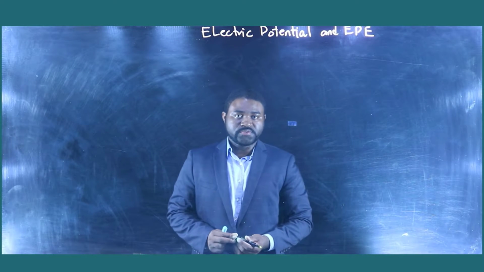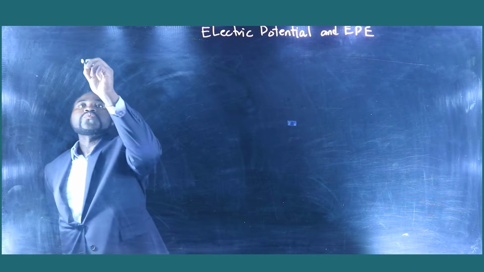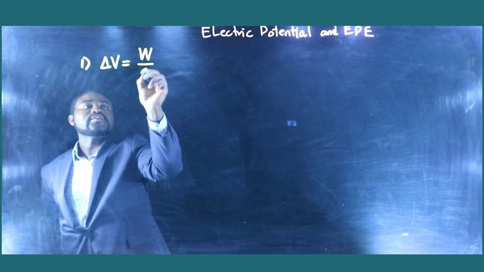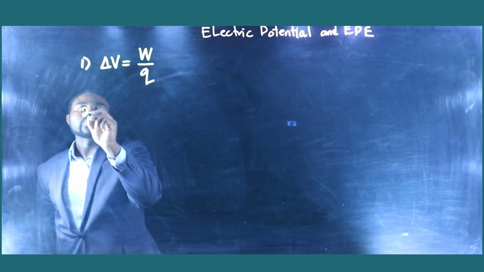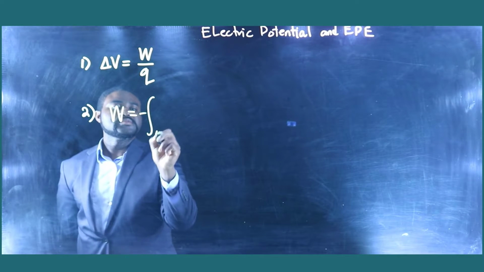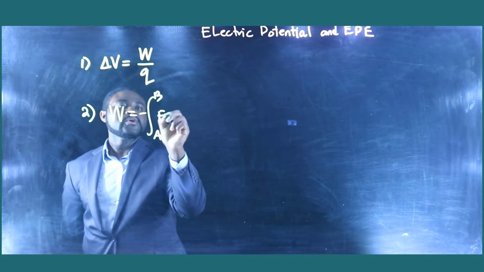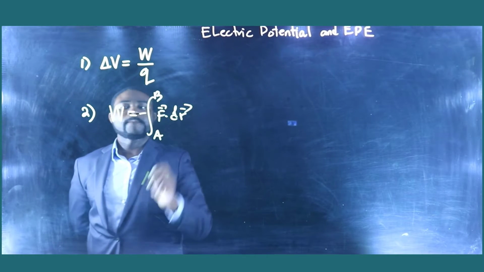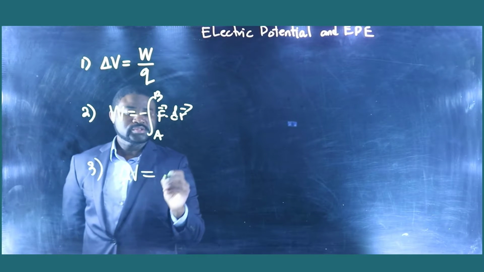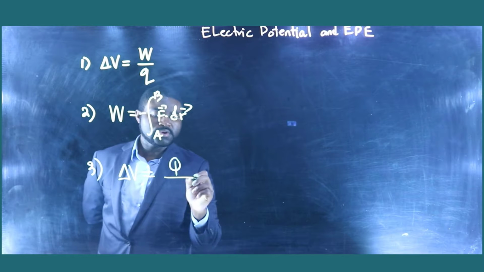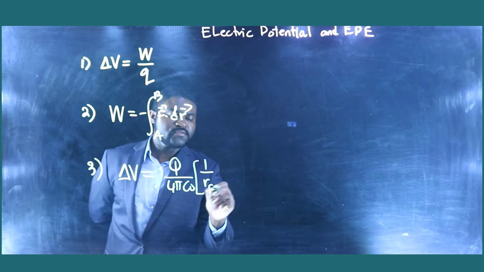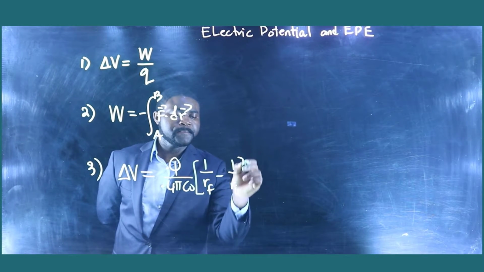So what have we done so far? 1, we know that delta V is equal to the work done divided by delta Q. 2, we know that the work done is the integral from A to B of F dr. And 3, we have proven that delta V is equal to Q over 4 pi epsilon naught, 1 over Rf minus 1 over Ri.